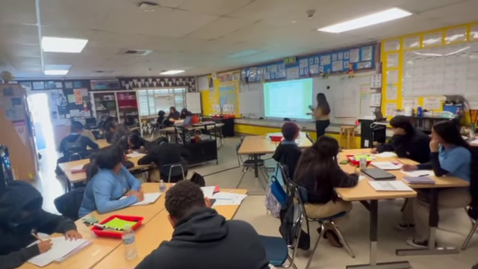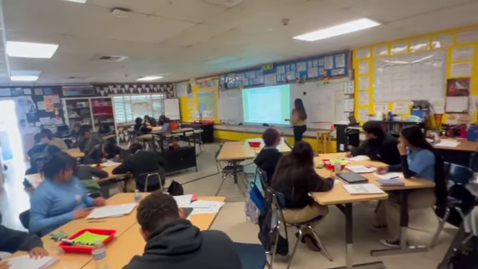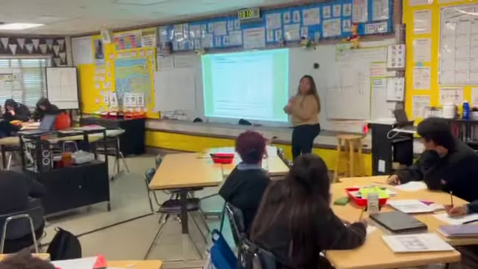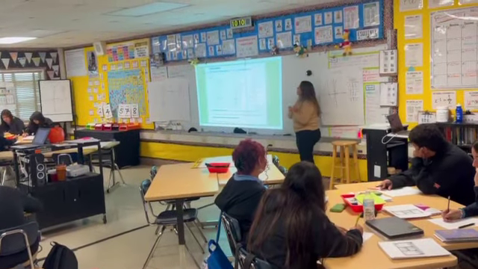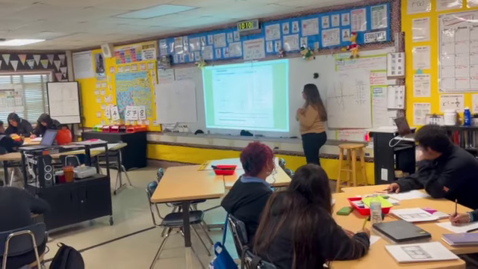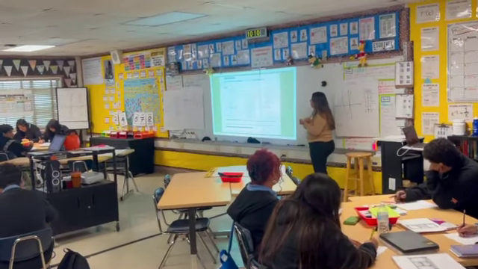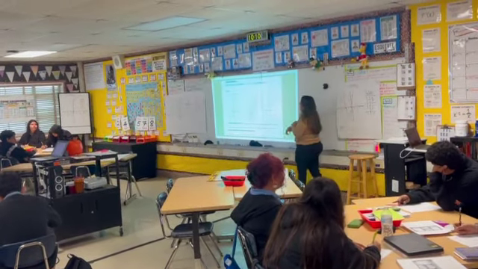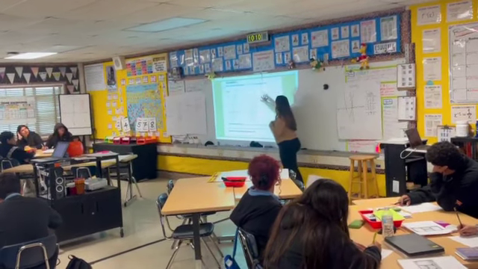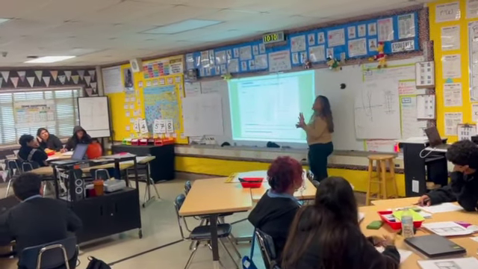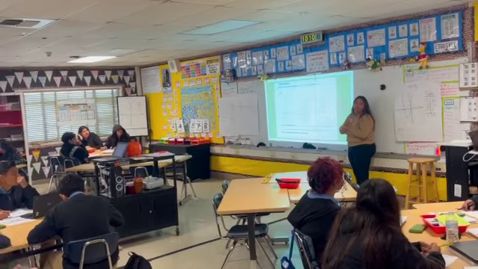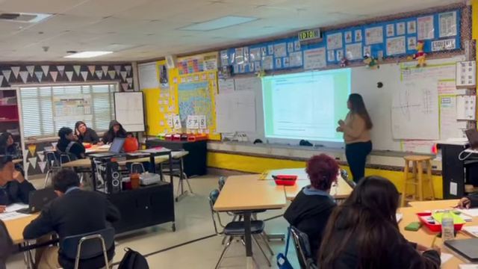Jacob, the end behavior with an odd function changes when what? What is something different between B and C that could influence the end behavior of our graph? Yeah.